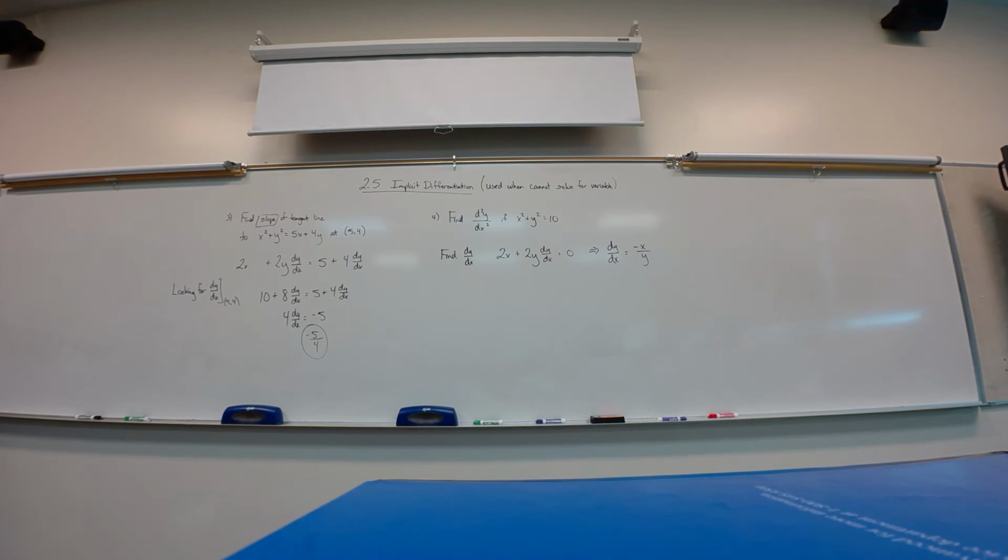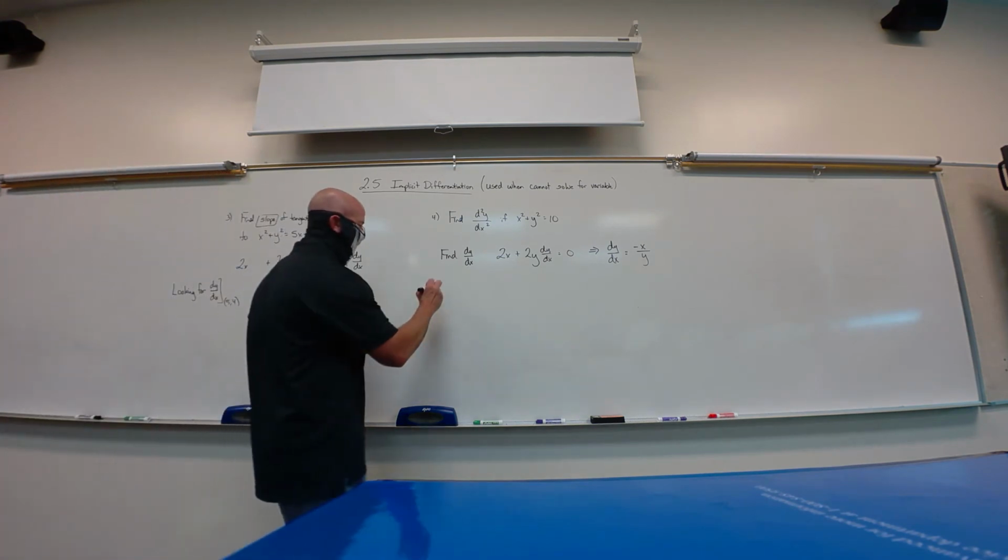Okay. So now we need the second derivative. What rule do we use on that negative x over y? Quotient rule. Unless I bring it up, I'm just going to go with the way it's sitting.